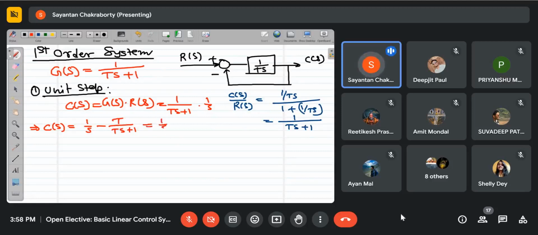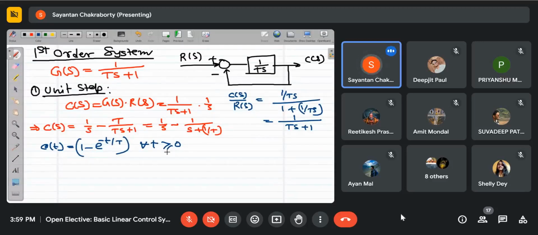So that can be represented as 1 by s minus 1 by (s plus 1 by T). So taking inverse Laplace transform, your c(t) will be equal to 1 minus e to the power minus t by T, for t greater than or equal to 0.